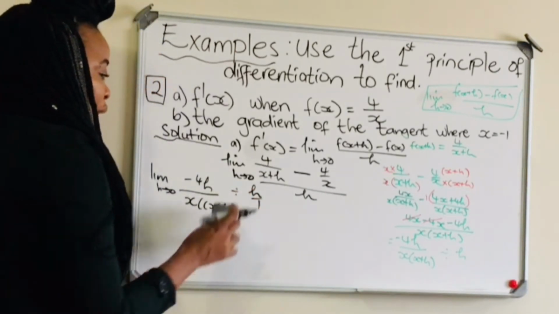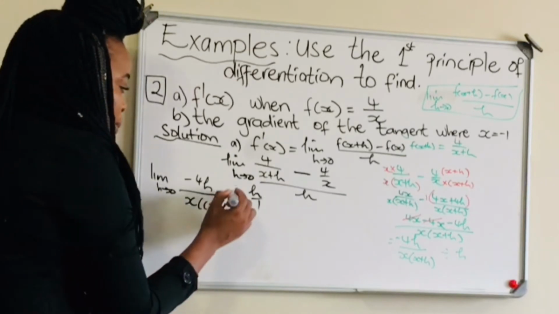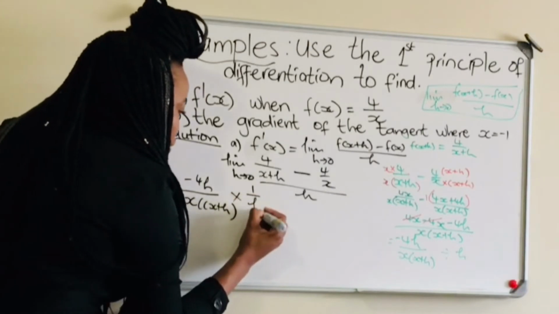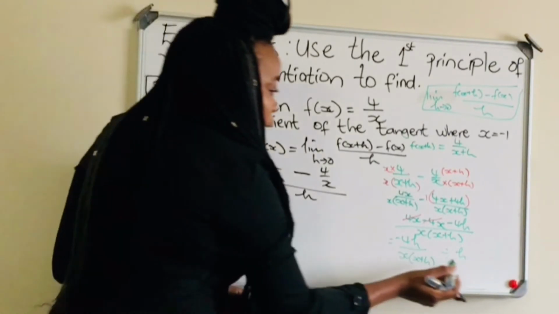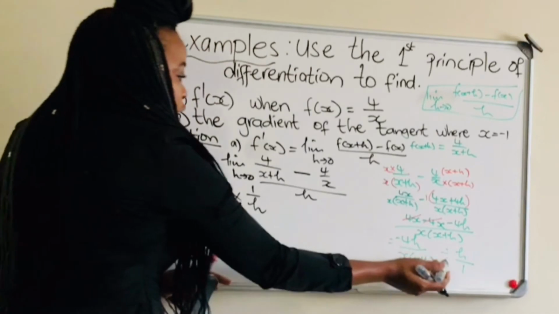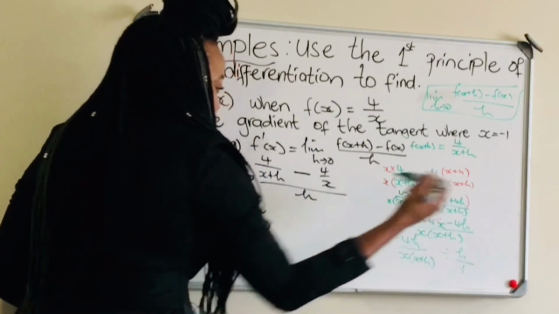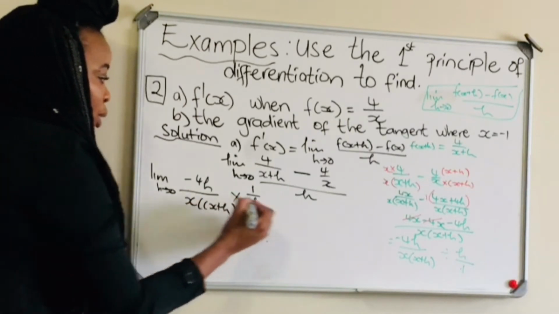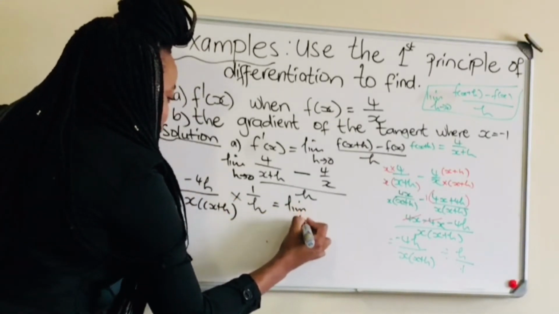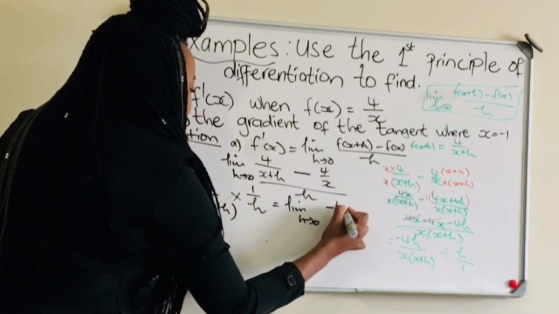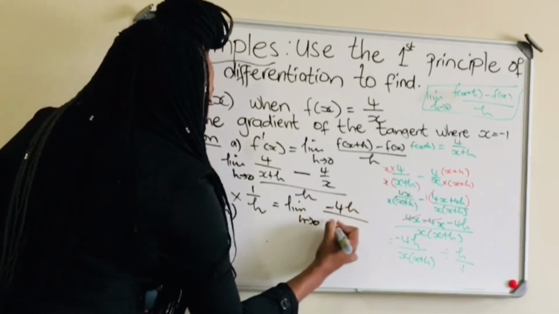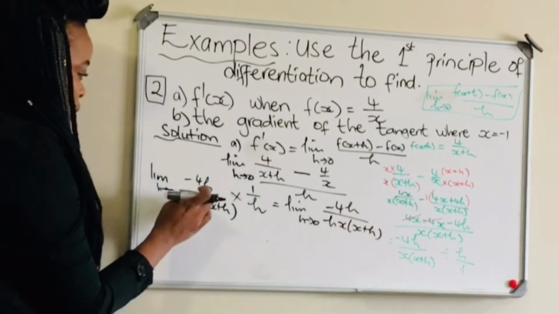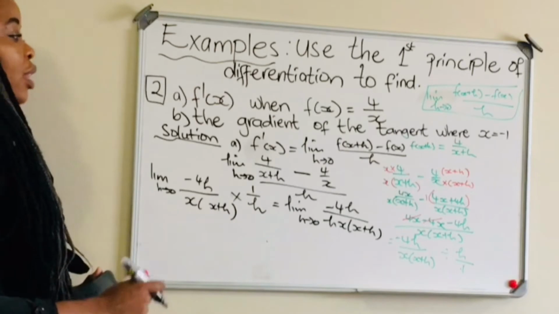So we can change this division to multiplication and make a reciprocal of the second fraction, and then that will give us that. So what is that equal to? That is equal to the limit as h approaches 0 of negative 4h over h times x plus h, right?